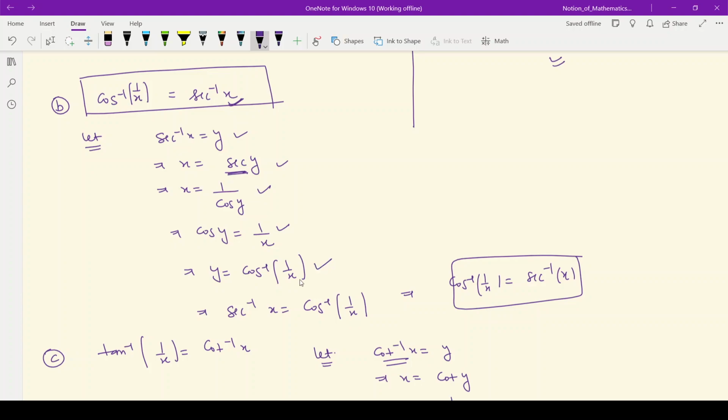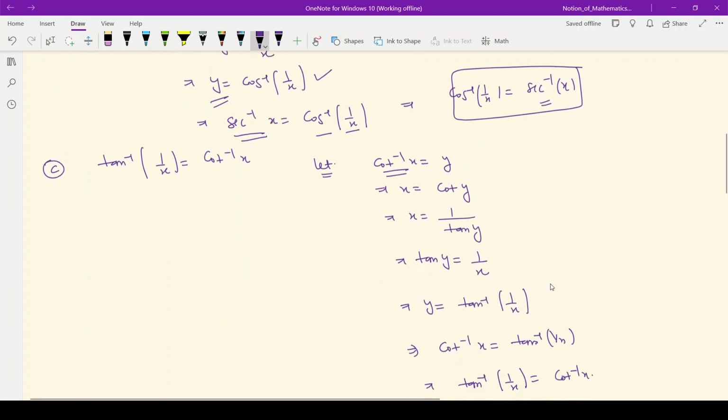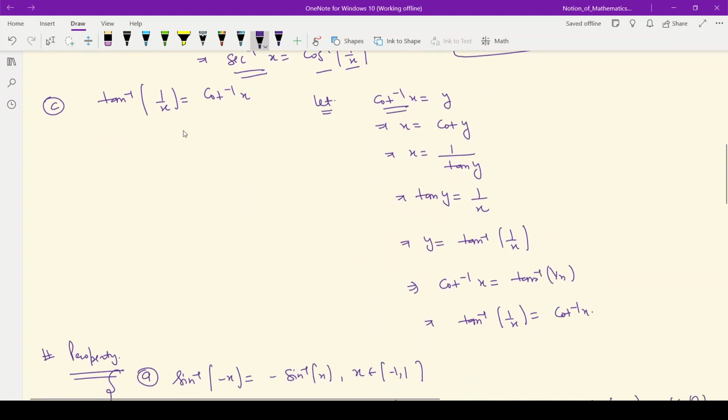Ultimately y is cos inverse 1 by x, and from the consideration secant inverse x is equal to cos inverse 1 by x. Ultimately cos inverse 1 by x is secant inverse of x. So in such a way the second property is also proved.